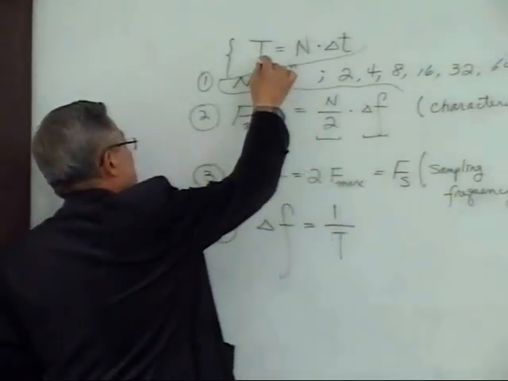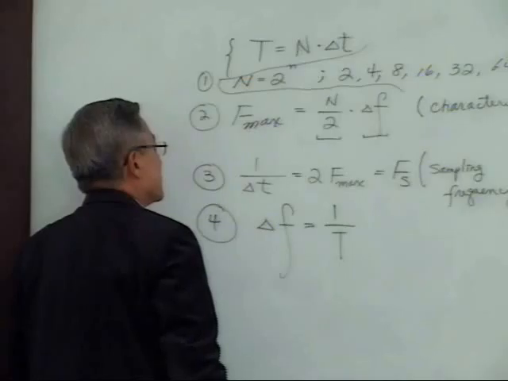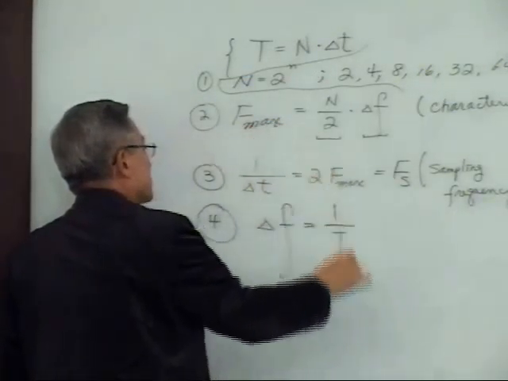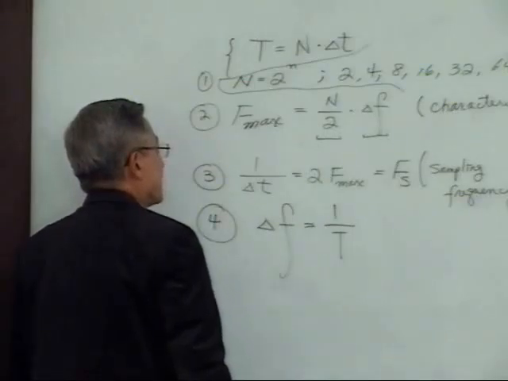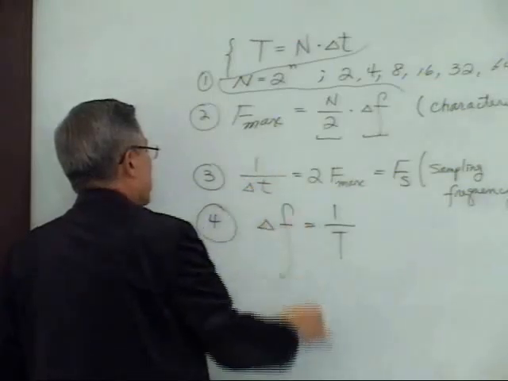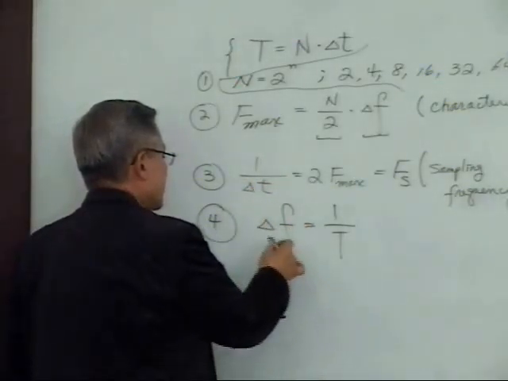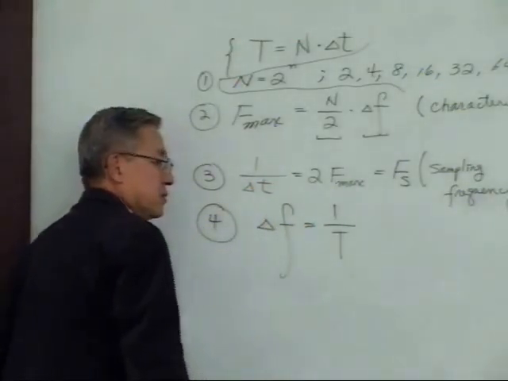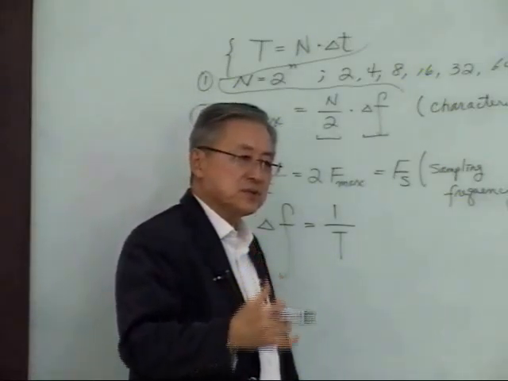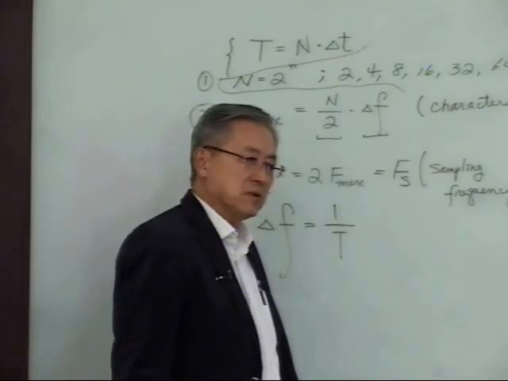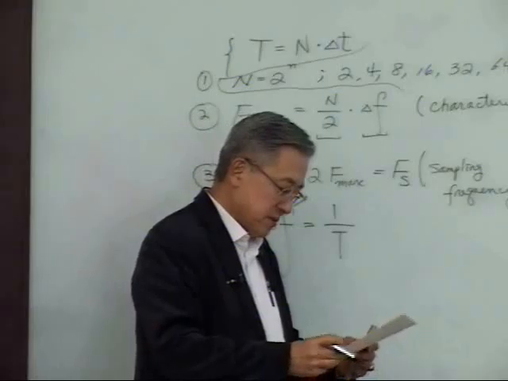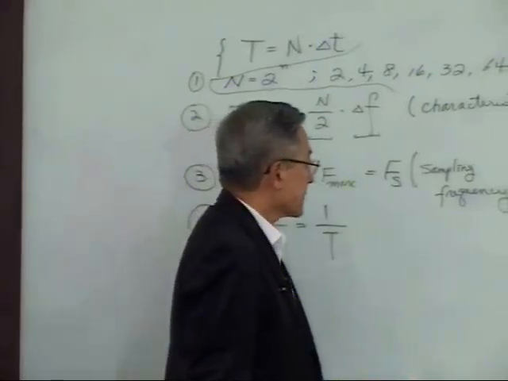So T is equal to n times delta t. F max is half of n times delta f, and Fs is equal to 1 over delta t, or delta f is equal to 1 over T. This is the digital processing rule. Of course, there are theorems behind it, and so on.